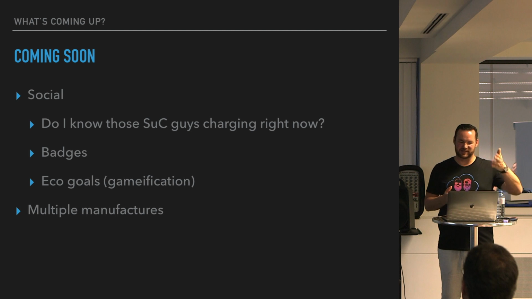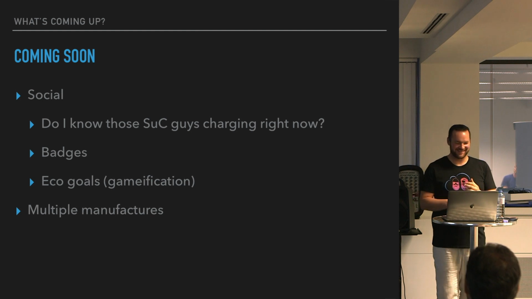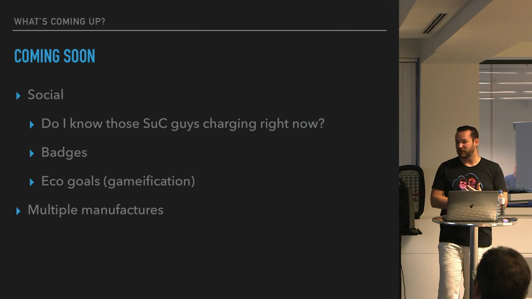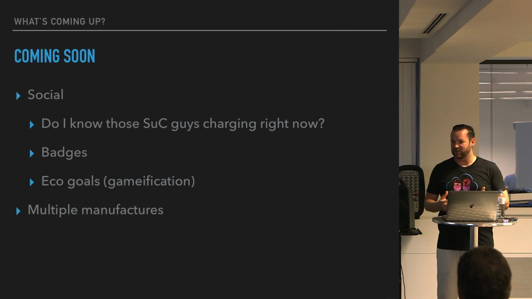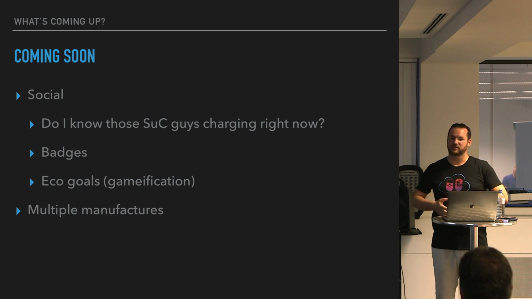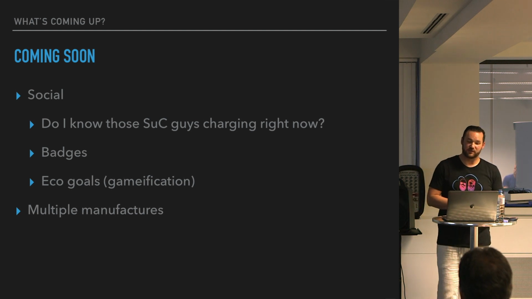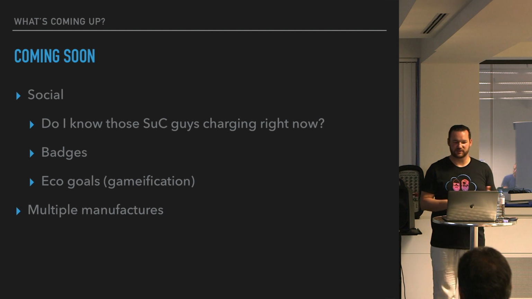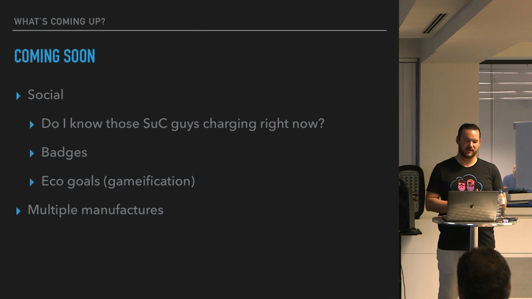If you visit several superchargers, you can get badges. You're the mayor of Supercharger Vienna, I don't know, stuff like that. And of course, eco goals. So you have a gamification factor, which could be interesting if electric cars and connected cars boom and a lot of people drive them. You can have some kind of gamification and make it easy to reach eco goals.